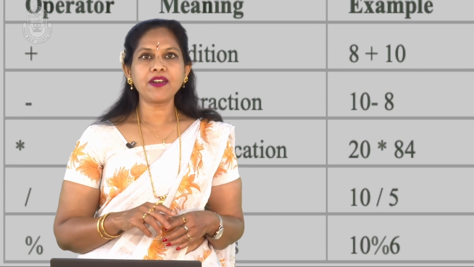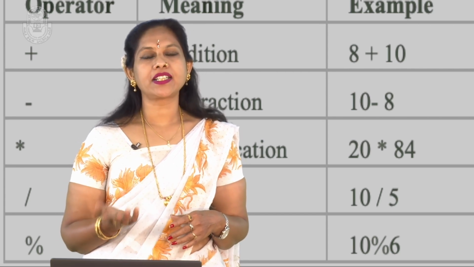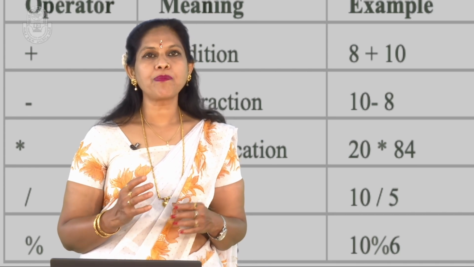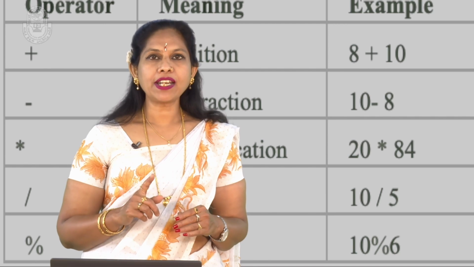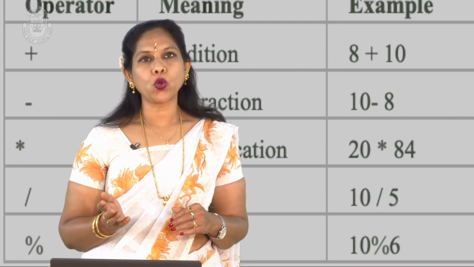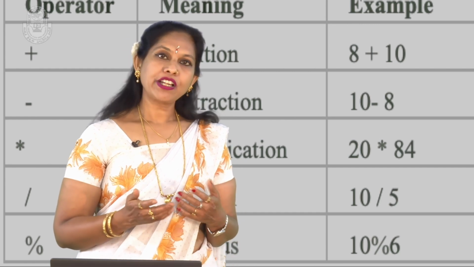If any one or both the operands is of type long, then the result is also long. If one operand is an int and the other is float, then the result is a float.